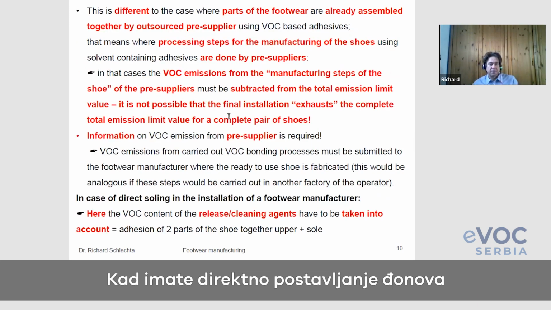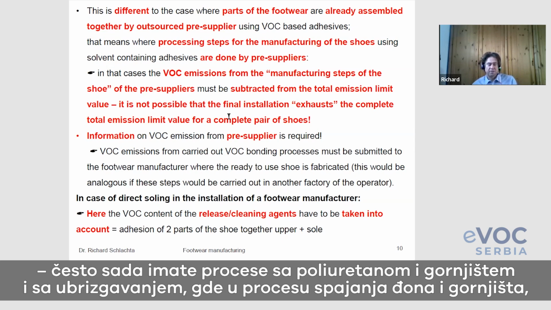When for example you have what is called direct soling. Very often you have now a polyurethane or rubber injection process. It's called injection process. I will show you later, where you already do an assembling between the upper and the sole.